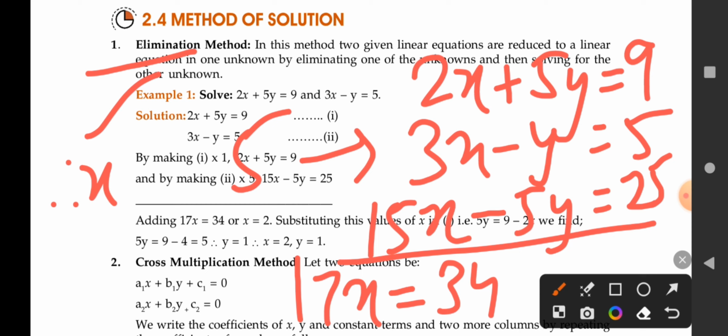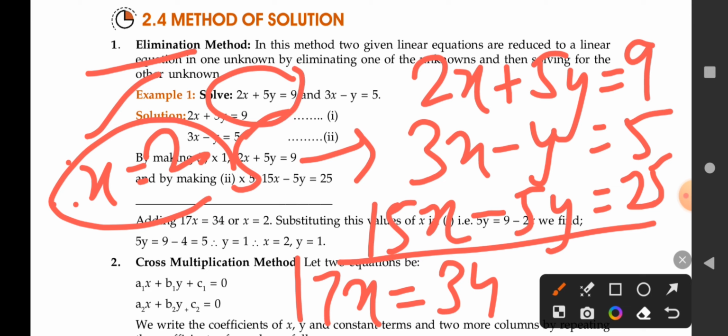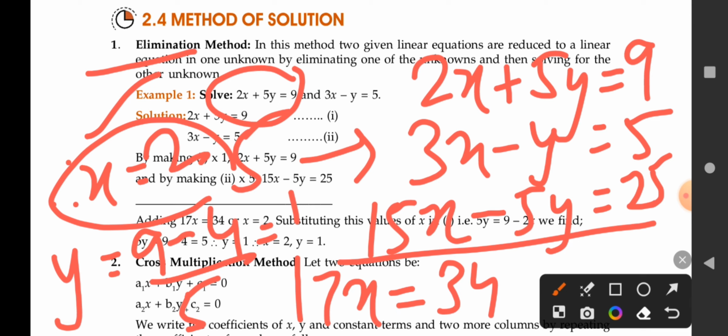Therefore, x is equal to 2. And substitute in this equation. You get y is equal to 9 minus 2 into 2, 4 divided by 5, which is equal to 5 divided by 5 equals 1. So y is 1 and x is 2. Correct. So this is the elimination method.